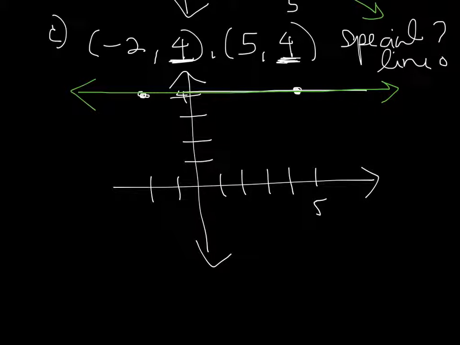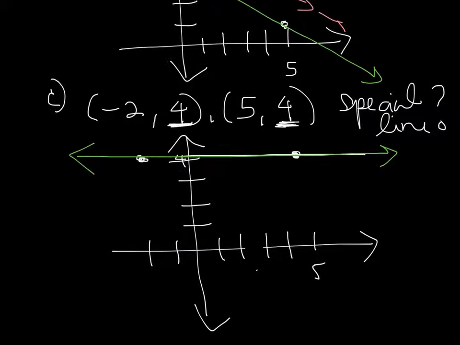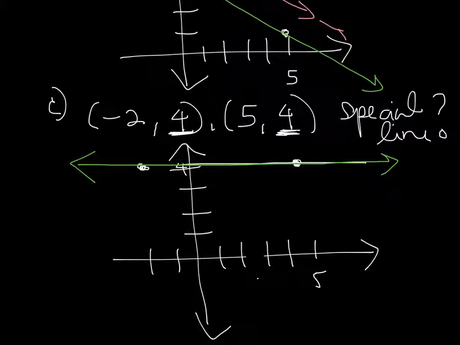So what's the slope of this line? Without even using the formula, if you're standing on this line and you're moving left or right, are you going up or are you going down? Here it's neither. You're not going up and you're not going down.